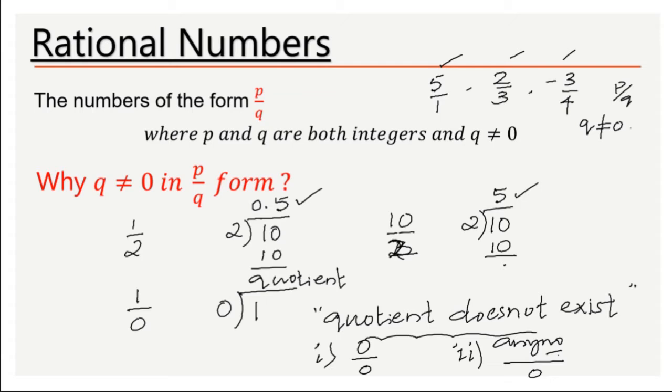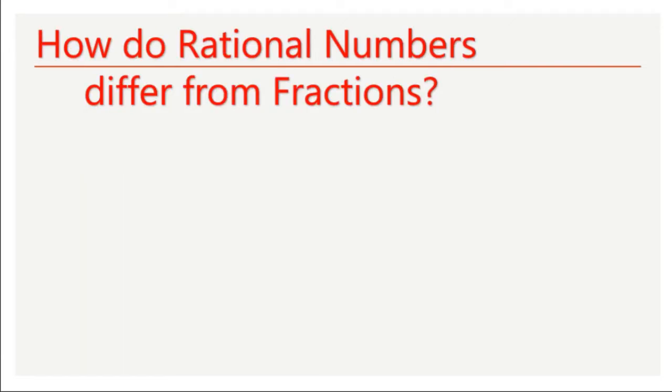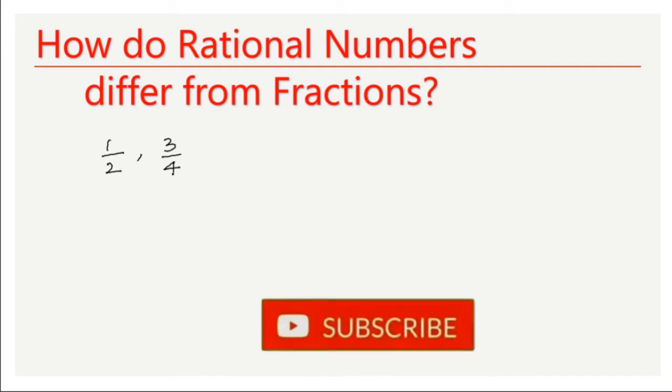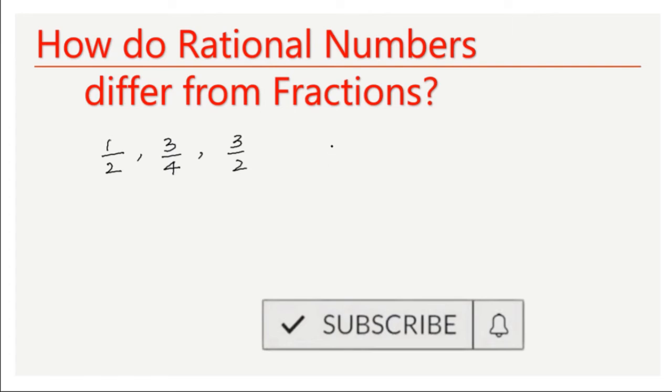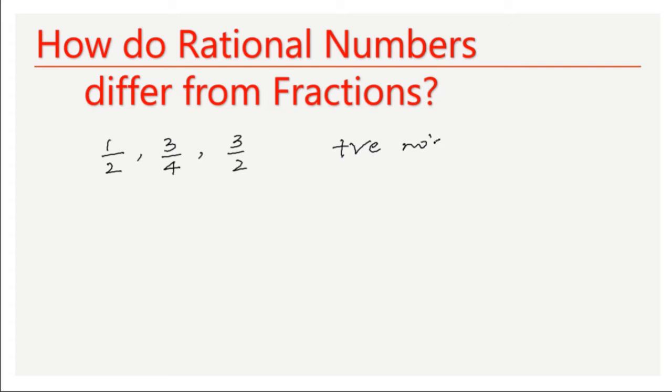I said in the previous session that positive fractions and negative fractions combined together form a rational number. So how do rational numbers differ from fractions? Fractions are like 1 by 2, 3 by 4, 3 by 2. If you observe carefully, you will come to know that they are all positive numbers.